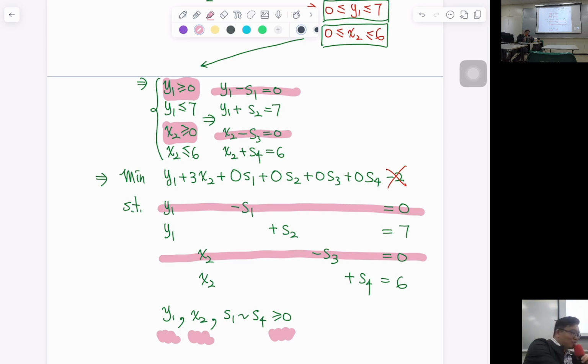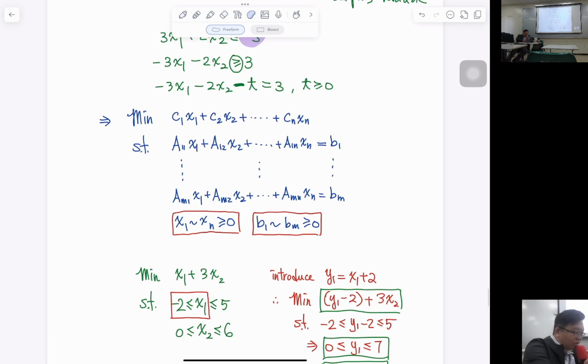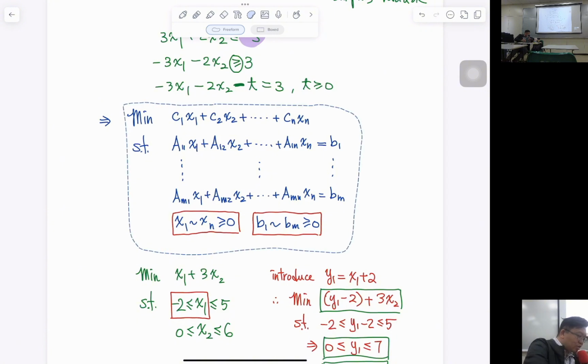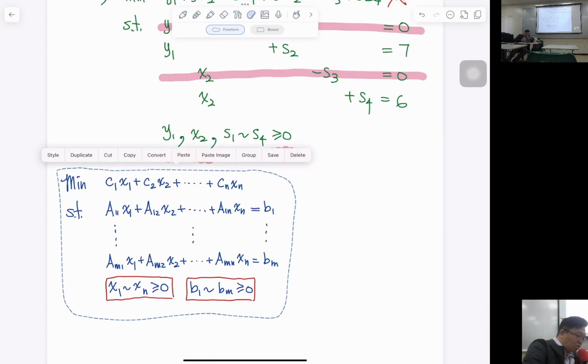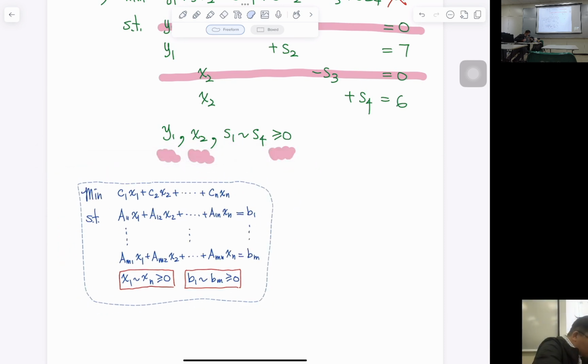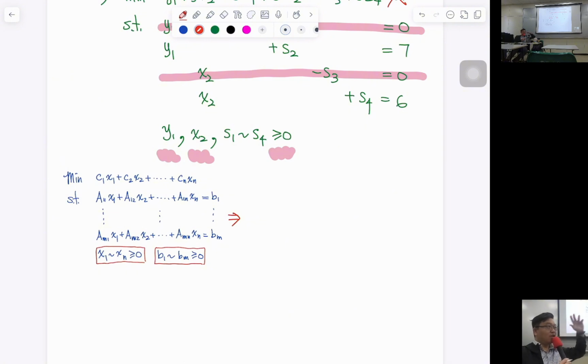Okay, so from here, we already have the standard form. Copy. And then back to here, I'll just paste it here. So can we shrink it? Okay. So we can actually now rewrite this into a vector and matrix form.